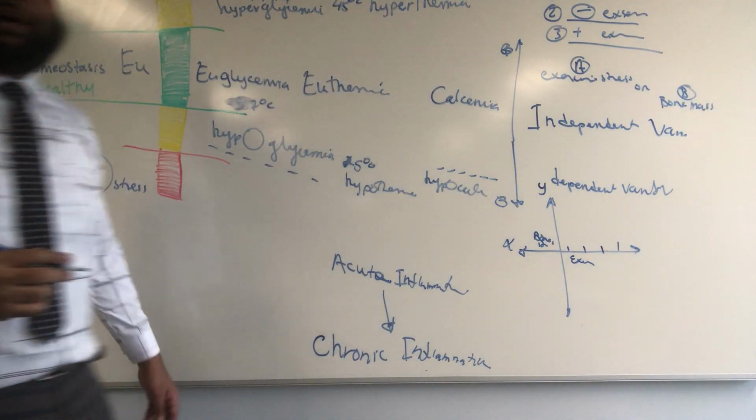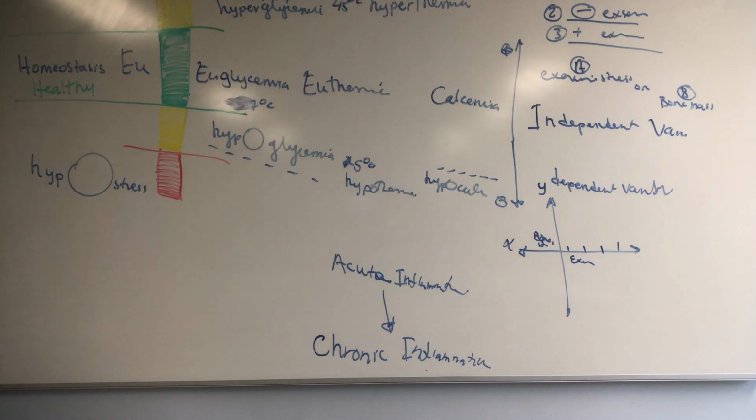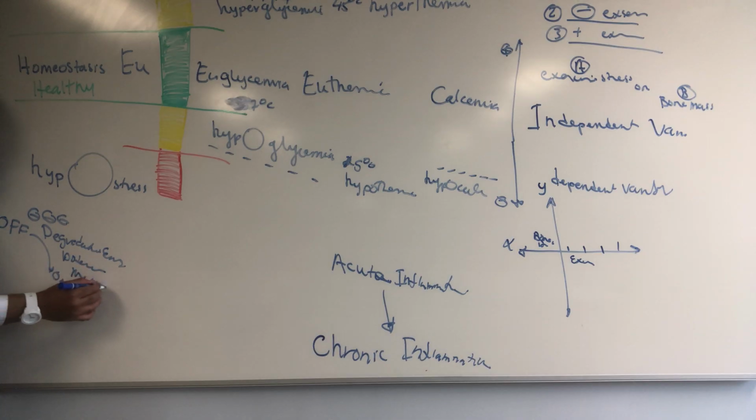Why is too much calcium bad? Because calcium is like a key. Calcium can turn on enzymes from off to on. It can turn on degrading enzymes, proteolytic enzymes, metalloproteinase enzymes, from off to on.